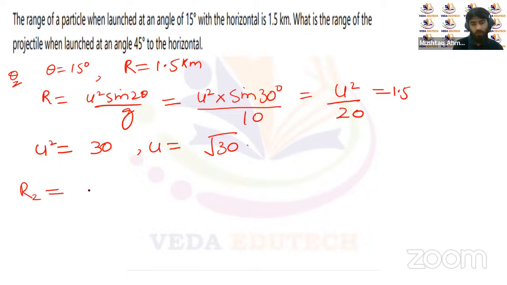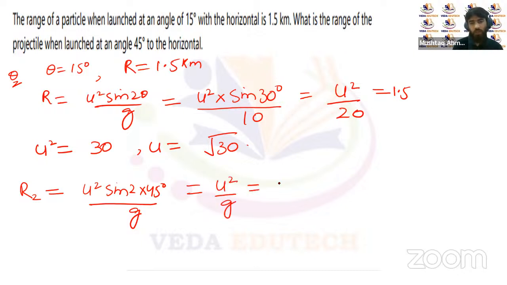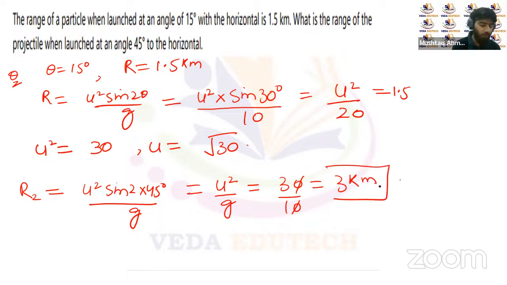So that will be equal to u square sine 2 times 45 degrees over g, and sine 90 is 1, so it will be u square over g. And u square is 30 over g, that's 10. It means we'll have 3 kilometers of range when it is projected at an angle of 45 degrees with the horizontal.